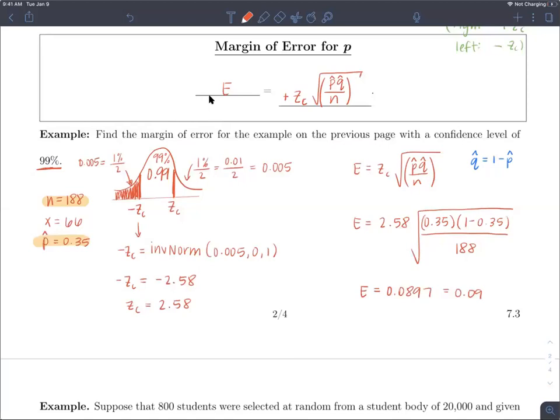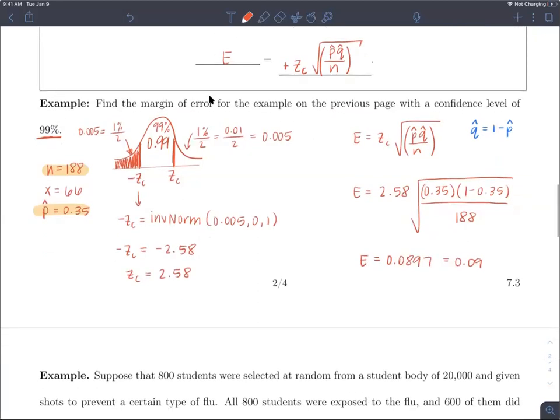And so one thing I want to point out is you can tell if your margin of error is wrong, because think about what you're estimating here. When you do confidence intervals for proportions, you're estimating percentages. So let's say you get a confidence interval of like 0.25 to 0.75. What this means is you're however percent confident that something's between 25% and 75%.